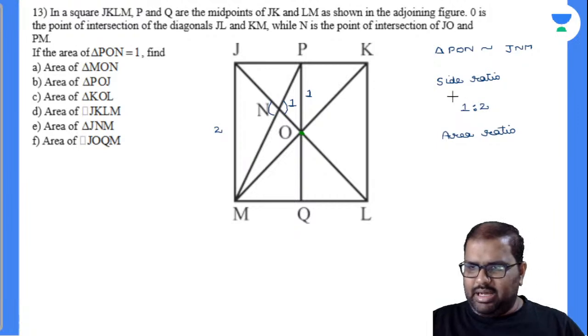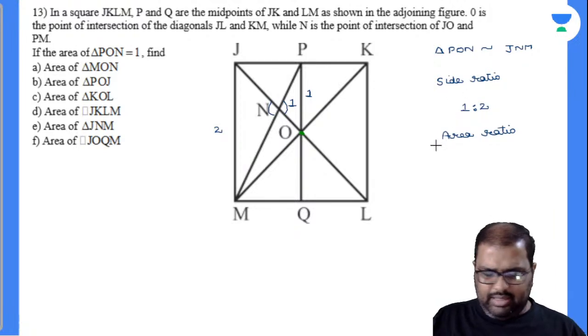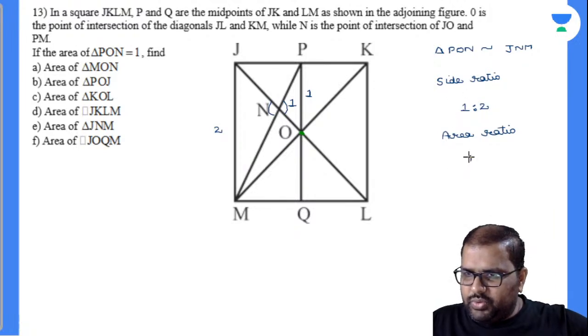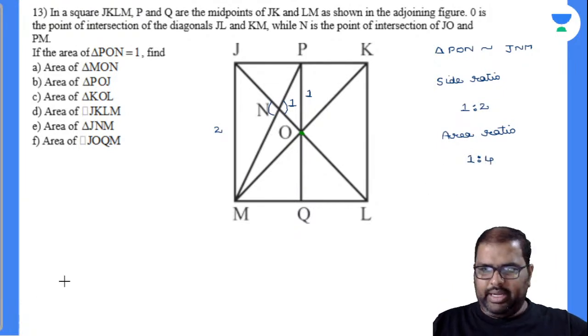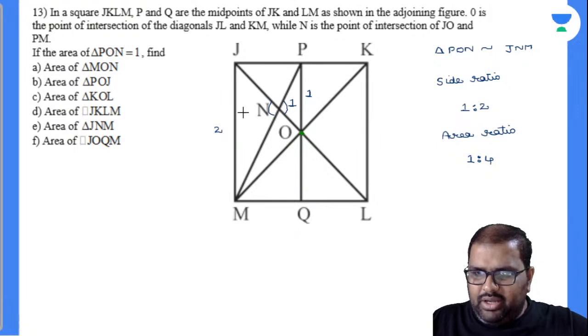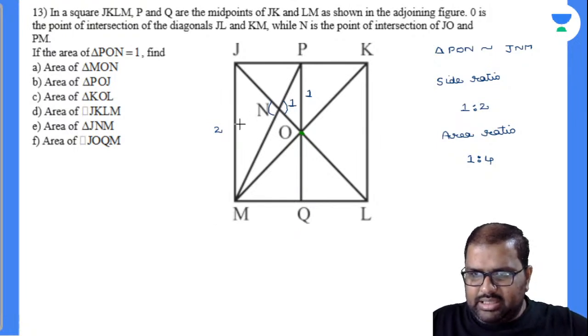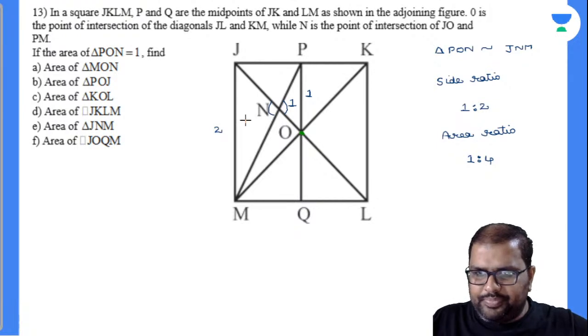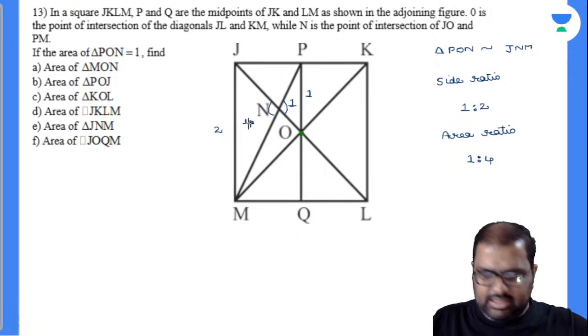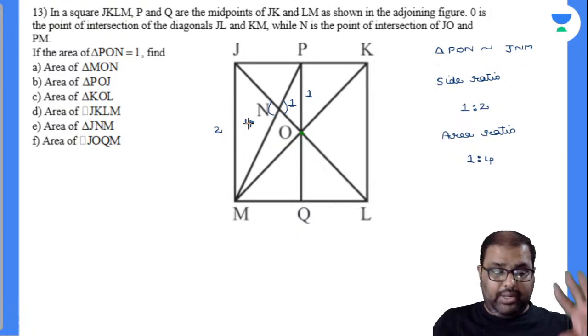That's an easy thing, the square will be happening there. Yes, perfectly done. Now, if this area is 1, this will be 4. Am I right or wrong? Perfectly, this is 1 and 4.